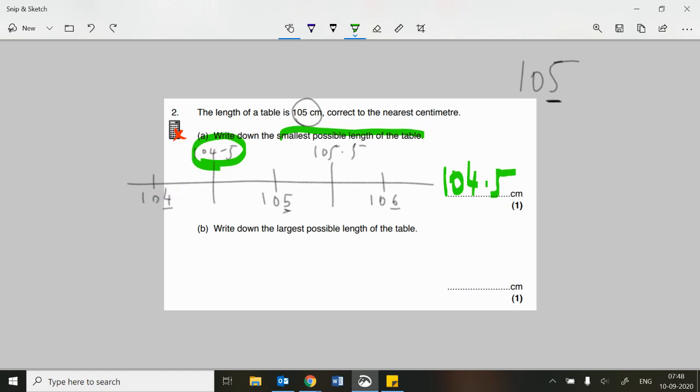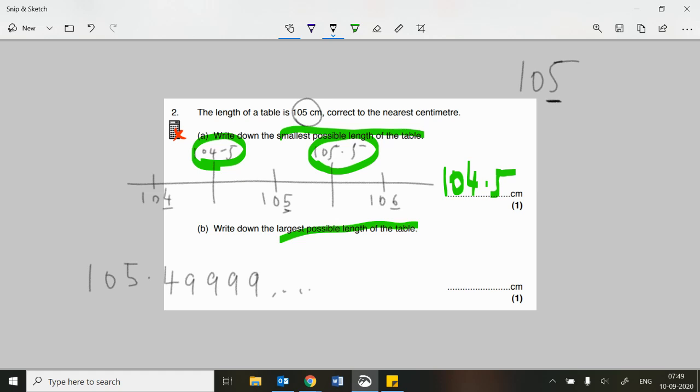Now, when it says write down the largest possible length of the table, this is talking about the upper bound. Now, in this case, we can just use this number here. Frankly, the largest number is 105.49999, it keeps going on. But you can't write that down easily in an exam situation. So we just write down 105.5.